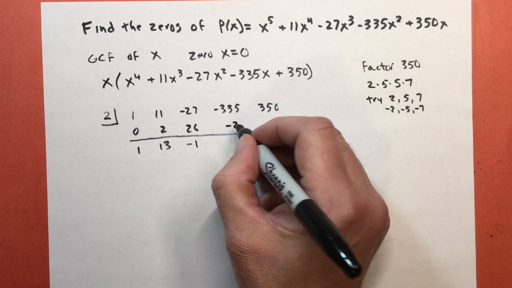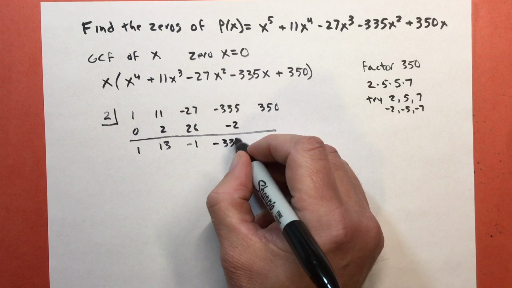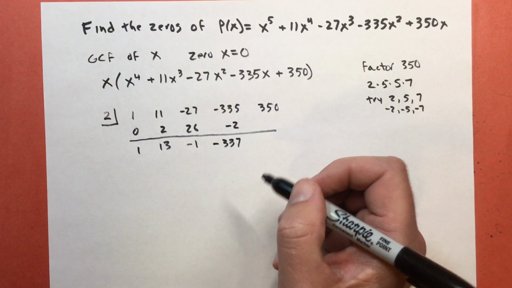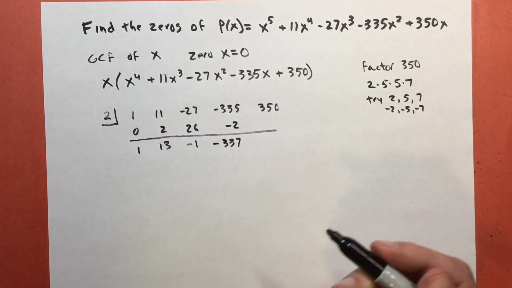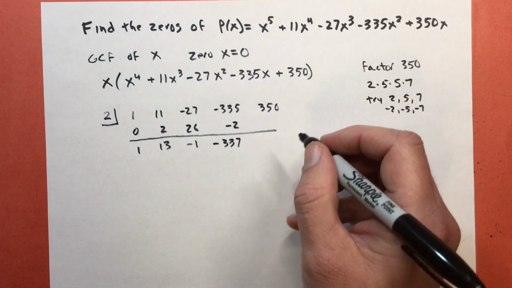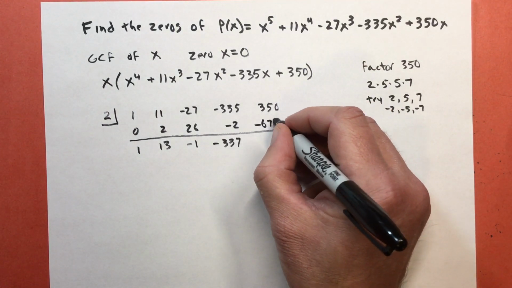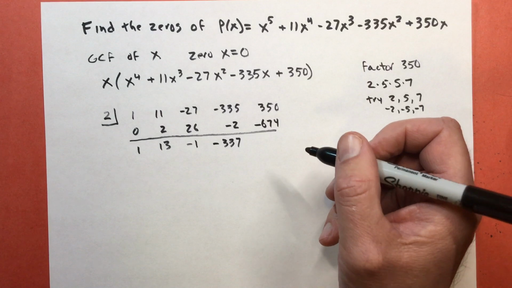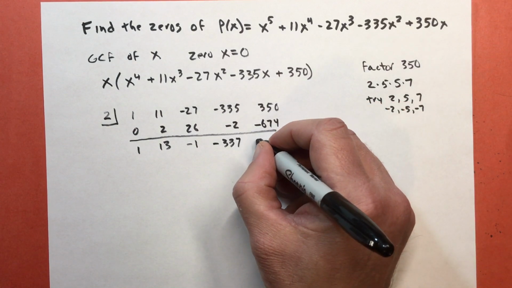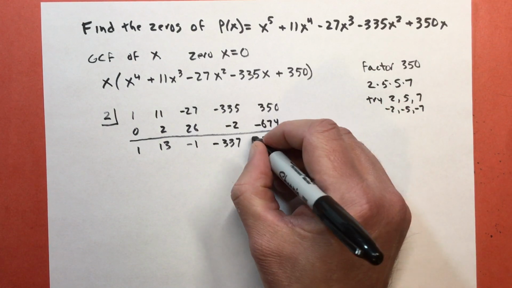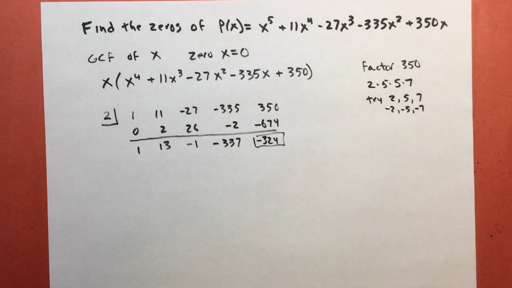I get negative 2, which gives me negative 337. Multiply 2 times that. Use a calculator if you need to. And I get negative 674, and it does not look like I'm going to get 0 as a remainder. Negative 324. So guess what? 2 is not a zero. One down and a whole bunch to go.